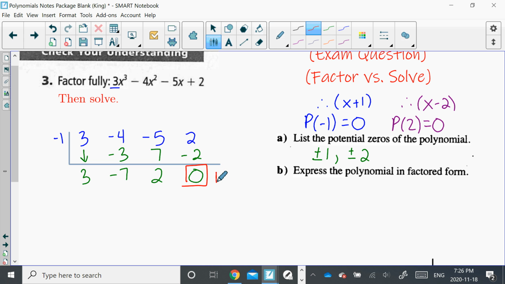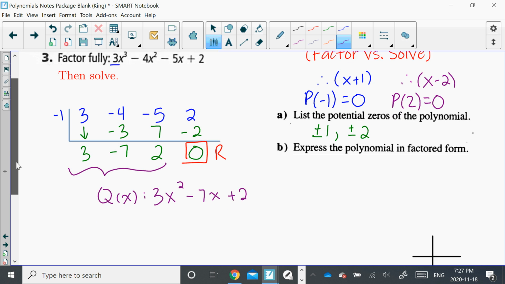This is my remainder, which is correct, right? The remainder is 0. That means that x plus 1 is a factor. This is my quotient, which is q of x. My quotient is 3x squared. Remember, if this is a third degree, your quotient is going to be a second degree. So 3x squared minus 7x plus 2.